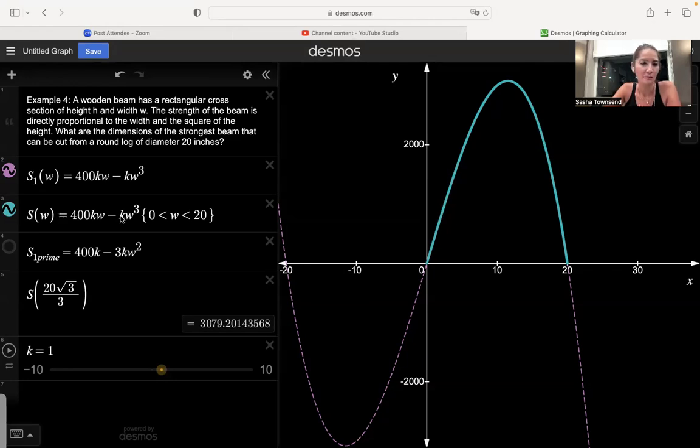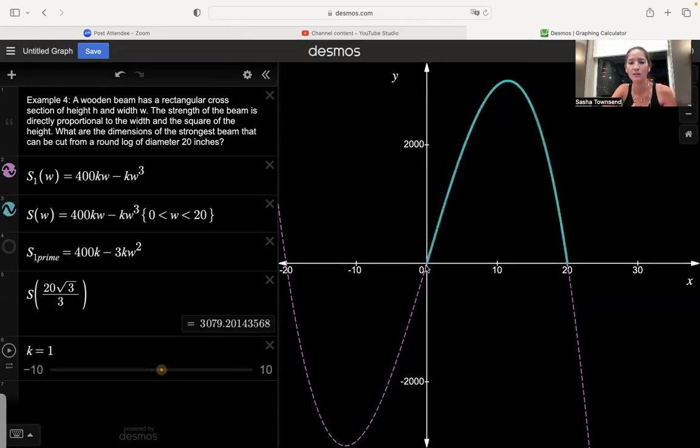Well, to find the maximum, first I will graph the function itself, which is this. Then I focus on the part I'm interested in, which is where the W values, the width, are between 0 and 20, because we're cutting that beam out of a log with a diameter of 20 inches.